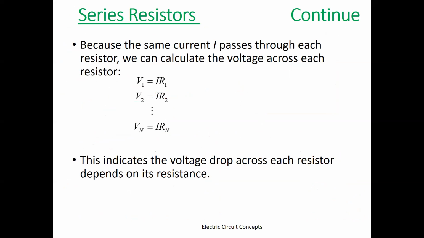After we find RT, I'll show you how to use Ohm's law to find I, and then we apply Ohm's law across each component. I'm going to draw the previous circuit. Here's R1, here's R2, here's V1, here's V2, plus minus, plus minus.